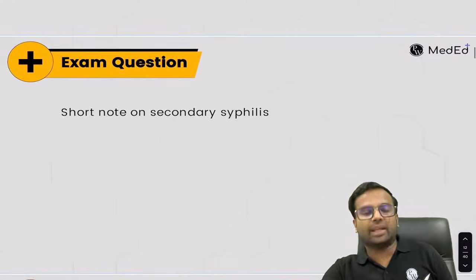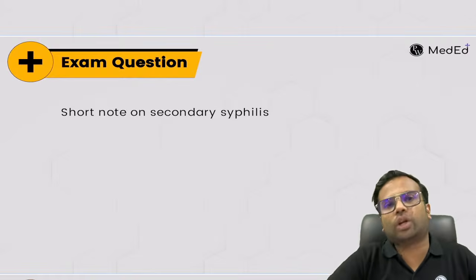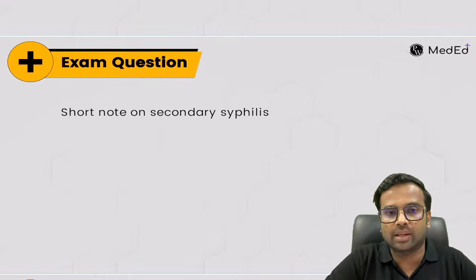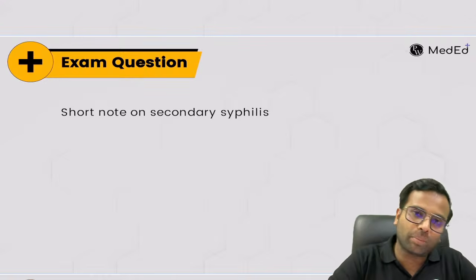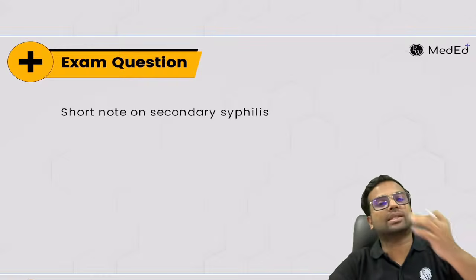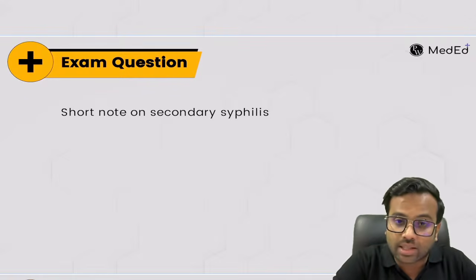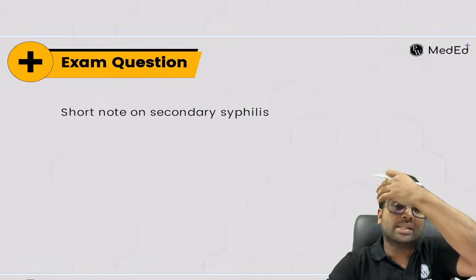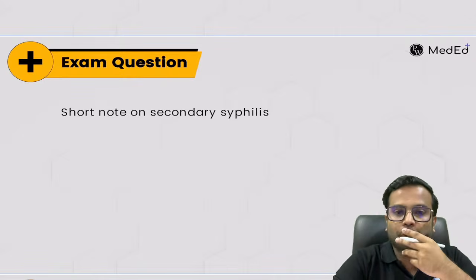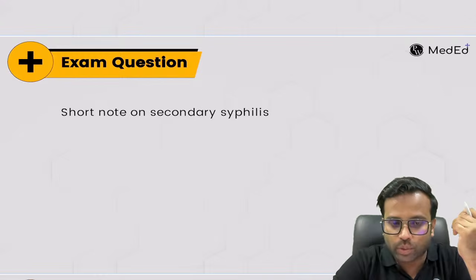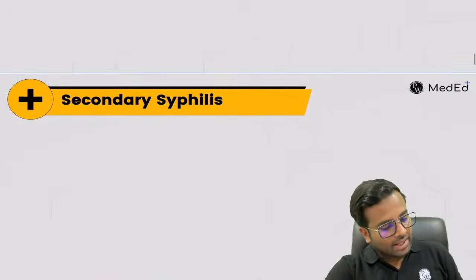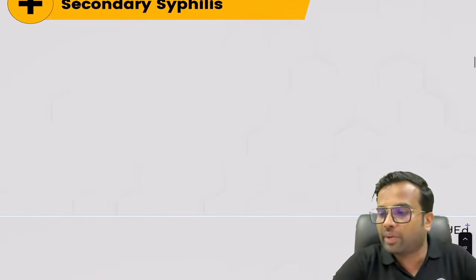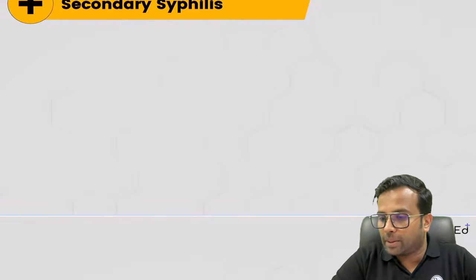So now let's see another question. Write a short note on secondary syphilis. Now we know that syphilis is a great imitator or mimicker, right? So syphilis goes through various stages. If you get a question regarding secondary syphilis, how are you going to approach it?